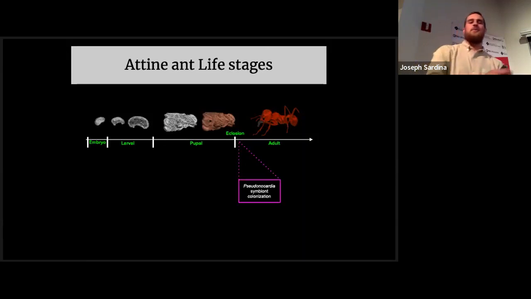I would love to work out these details eventually. It could just be that the developmental plan is co-opted into a new developmental timing or location. So locational cues signal that these will be symbiotic structures, and these will be sensory hairs. But right now, I'm not sure.